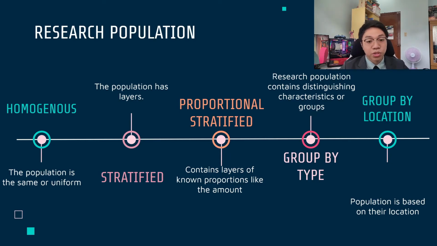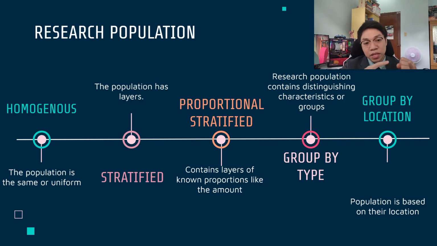The next is proportional stratified. Your population contains layers of known proportions, like the amount of zinc stainless steel shafts have. The next would be you group your population by type. So the research population contains distinguishing characteristics or groups.